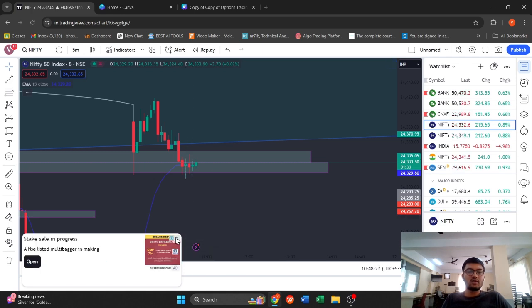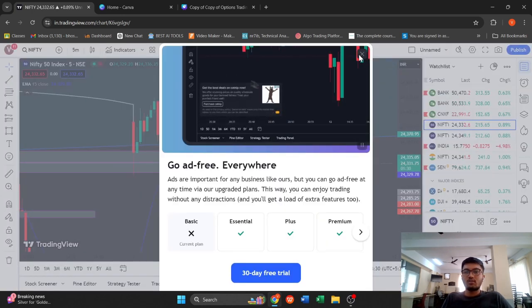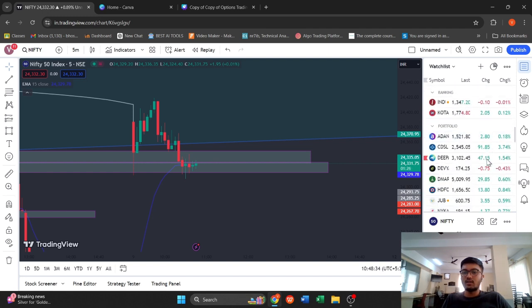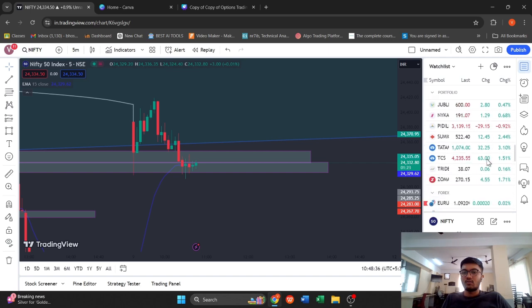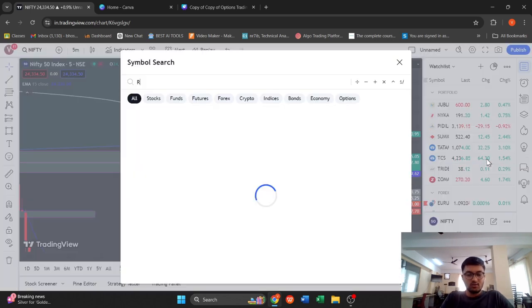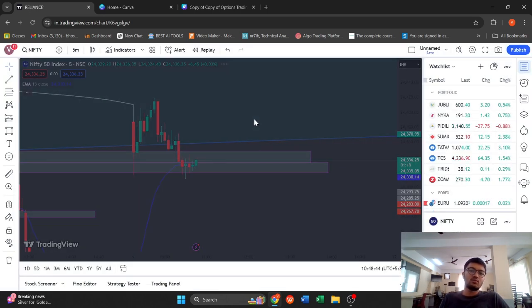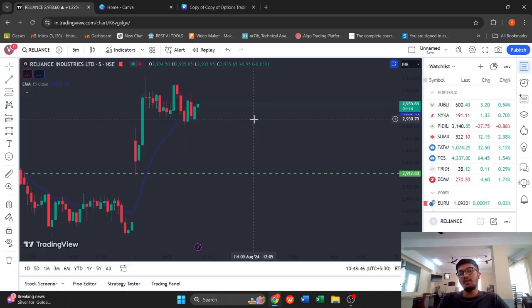This is my trading viewer terminal, and I'll go and see what price Reliance is currently trading at. Reliance is currently trading at 2,935 rupees. So what are the different options available to me in order to do derivative trading in Reliance? You have strike prices.